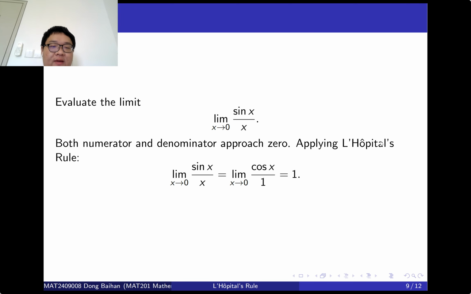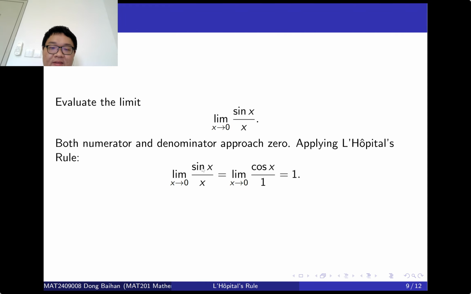Okay, let's look at an easy example. Consider the limit of sin x over x as x approaches 0. Because sin 0 over 0 is 0 over 0, this is an indeterminate form, so we need to apply L'Hopital's rule.